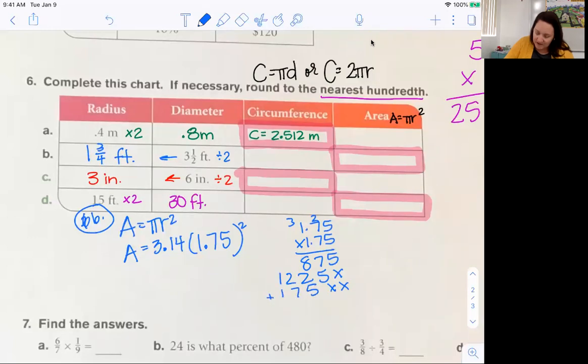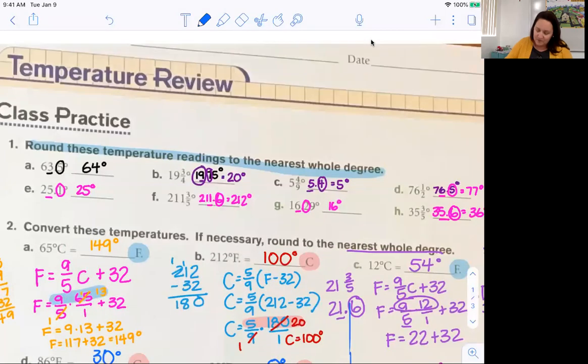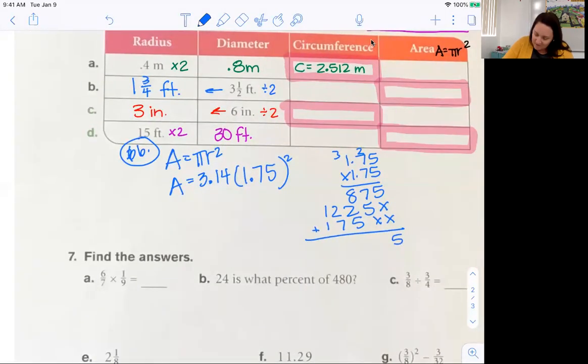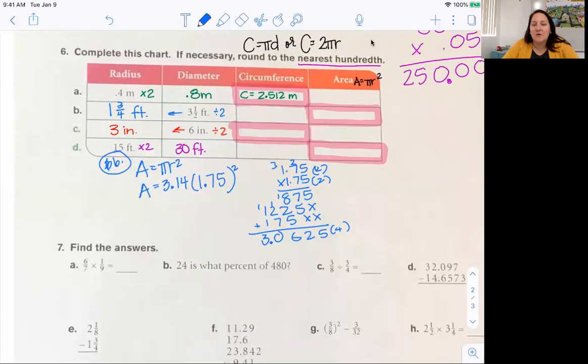I'm multiplying. I always have to talk to myself. Whoo, that went all the way back. Oh, we forgot to do something for circumference, but that's okay. We'll go back to it.